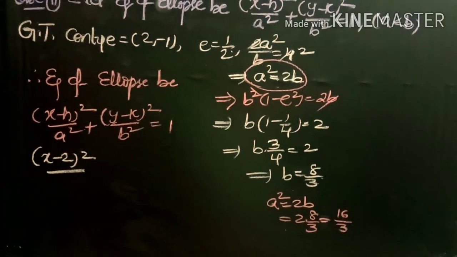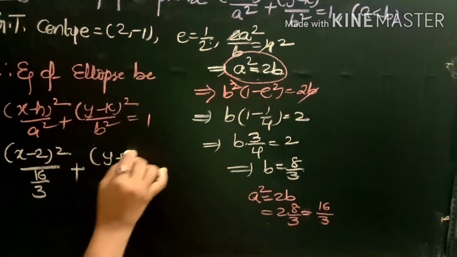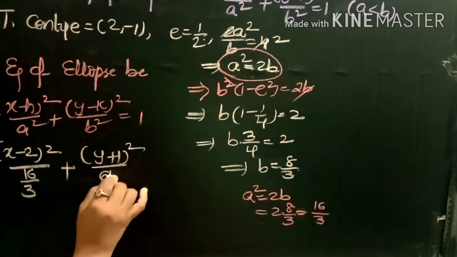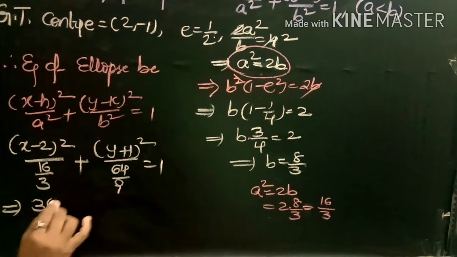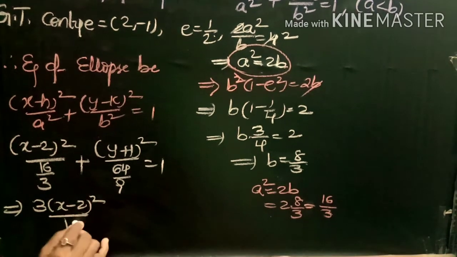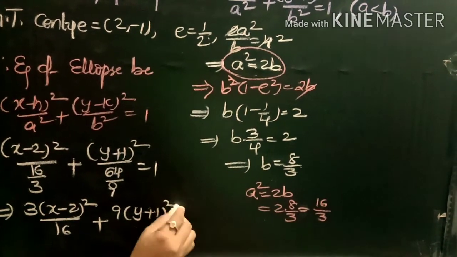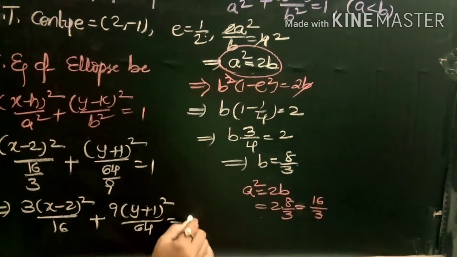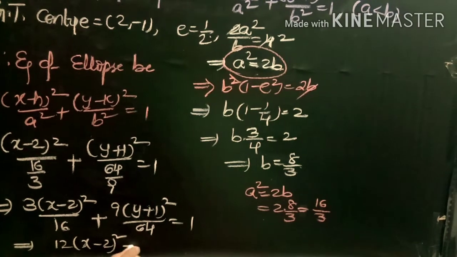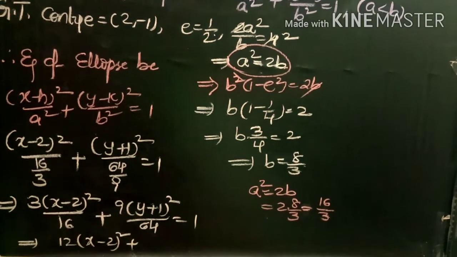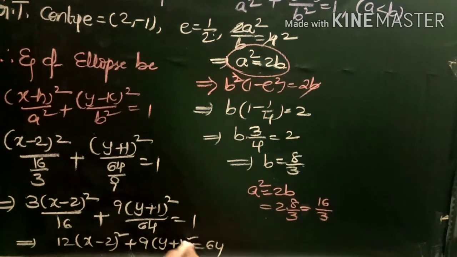Now a square value 16 by 3 plus (y plus 1) whole square by b square 64 by 9 equals 1, which implies 3 into (x minus 2) whole square by 16 plus 9 into (y plus 1) whole square by 64 equals 1. Now taking LCM we get the answer 12 into (x minus 2) whole square plus 9 into (y plus 1) whole square equals 64. That's all.